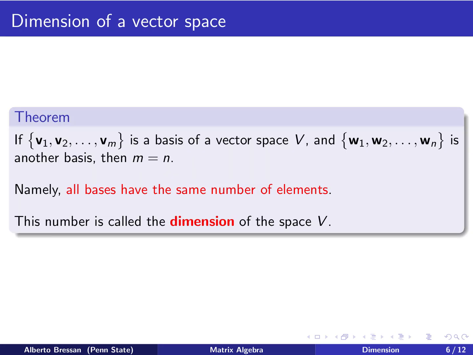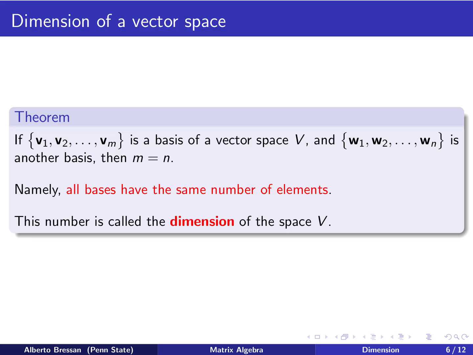We now state a theorem regarding the dimension of a vector space. So if you have a vector space V and you find a basis v1, v2 to vm, there are m elements, and then you find another one which is a basis, w1, w2 to wn, n elements. If these two are bases of the same vector space, then the number of vectors in each must be the same.